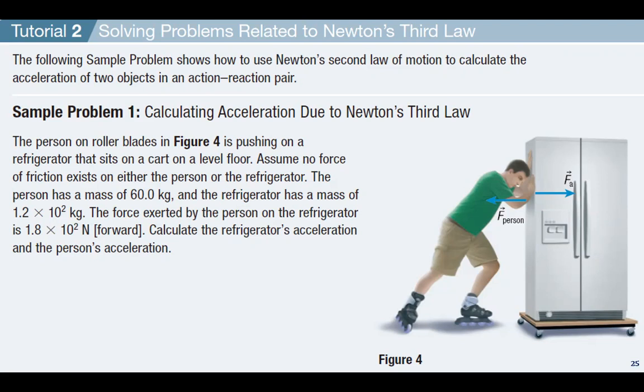The person has a mass of 60 kilograms and the refrigerator has a mass of 1.2 times 10 raised to the power of 2 kilograms. The force exerted by the person on the refrigerator is 1.8 times 10 raised to the power of 2 newtons with direction forward. Can you calculate the refrigerator's acceleration and the person's acceleration?